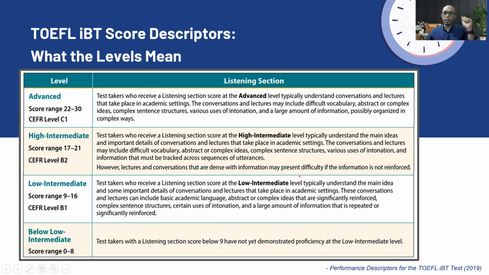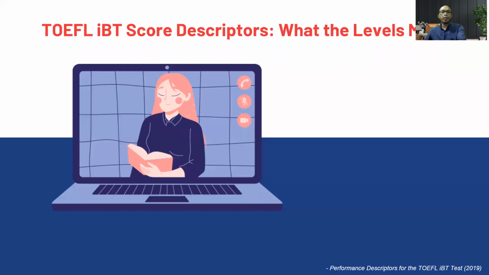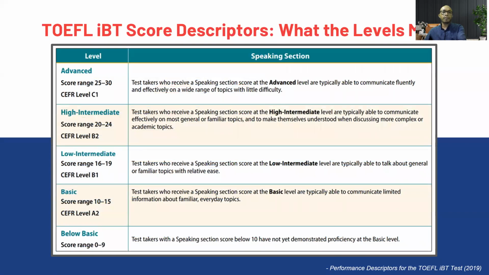So not just some, but a lot. That's the difference. Now, moving on to the speaking section. What does it mean if you have the basic level? If your level is in the basic category, then that means you are able to communicate, but with limited information.